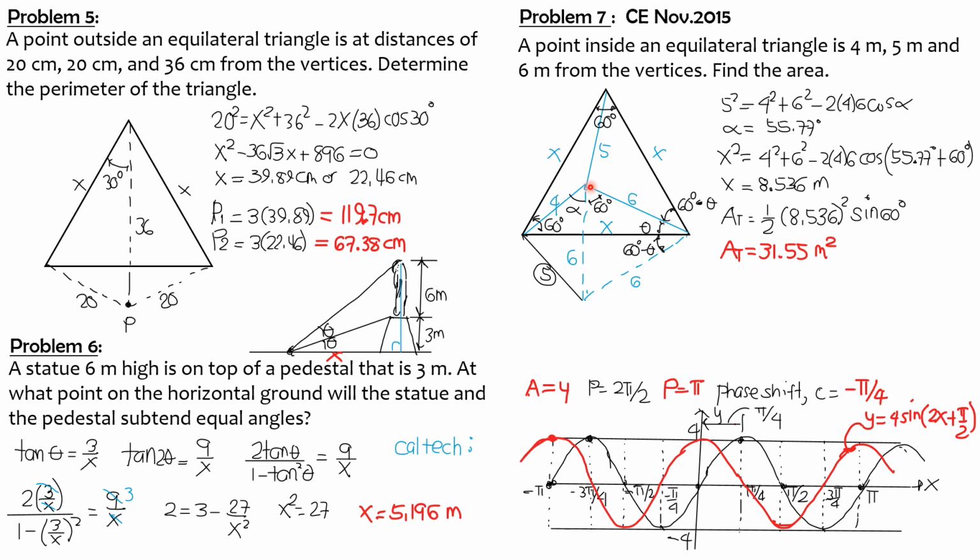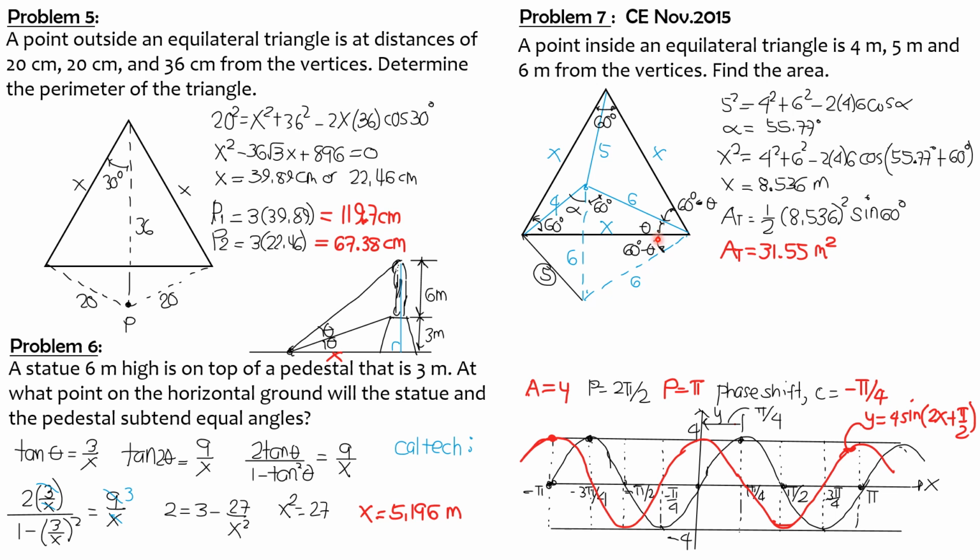So the technique is we draw another equilateral triangle like this one, 6, 6, 6. And we know that if I call this theta, this is 60 degrees minus theta. And since this is an equilateral triangle, if that is already theta, then this is also 60 degrees minus theta.